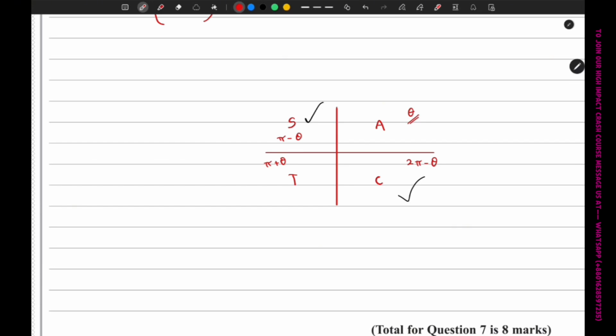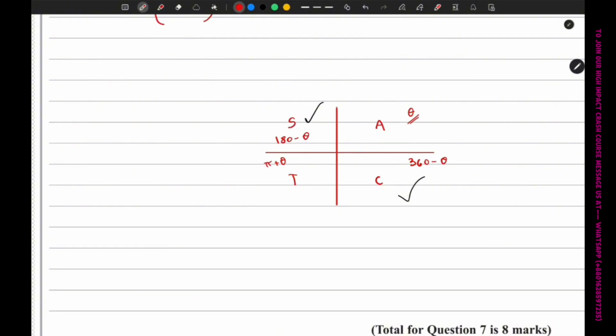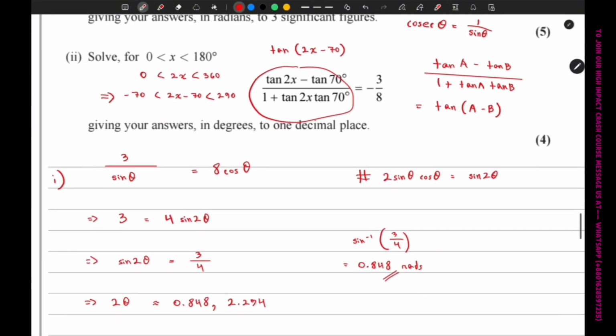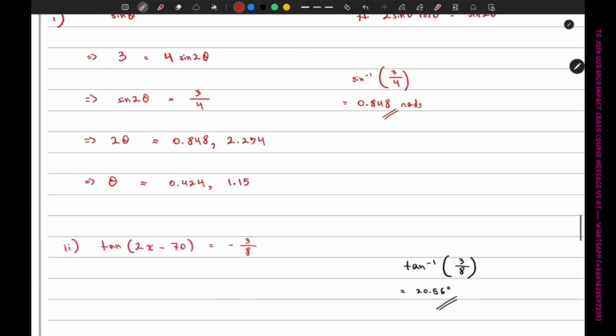So this is pi, which means this is 180 minus theta, because our answer will be in degrees. And that's 360 minus theta. So one of the solutions will be 180 minus theta, that is 180 minus 20.56, which is 159.44 degrees.